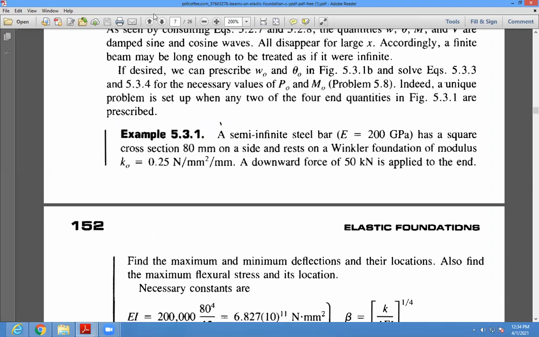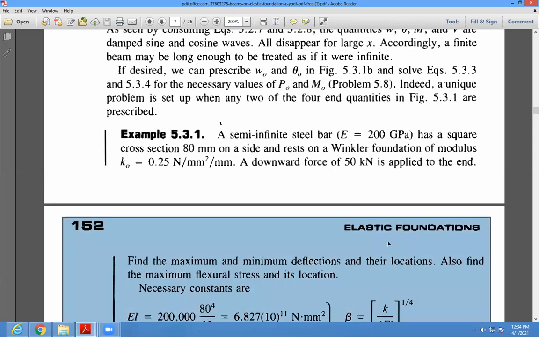Find out the maximum flexure stress. Now its location is the last part which is asked: at what location we get the maximum stress.